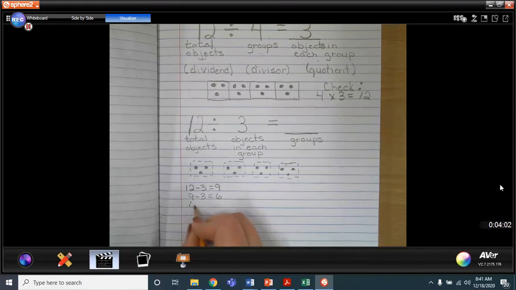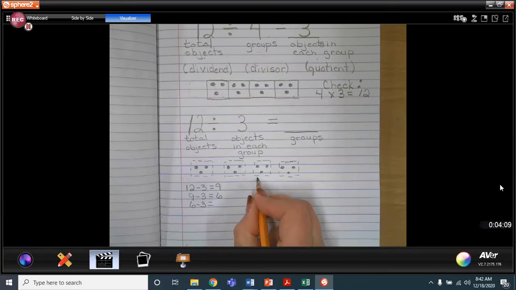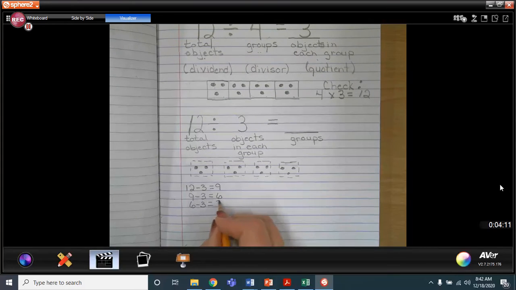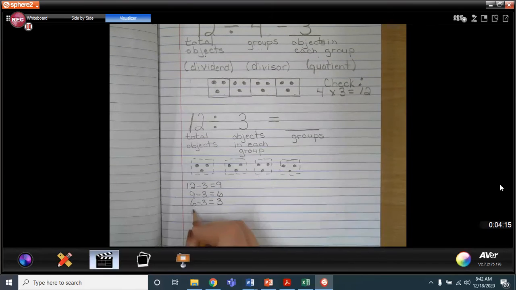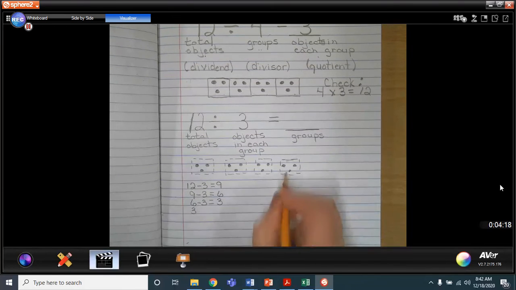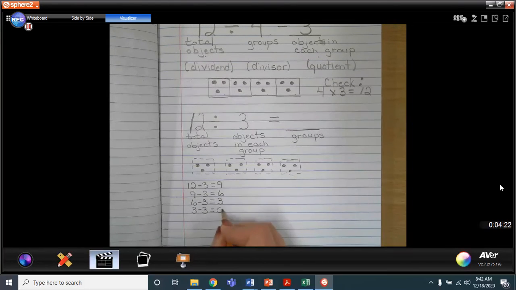Take the 6 that are left and put 3 in a group, which is what I just did here. That's another 3 in the group, and that leaves me with 3. And finally, if I take those final 3 and put them into a group, I have 0.